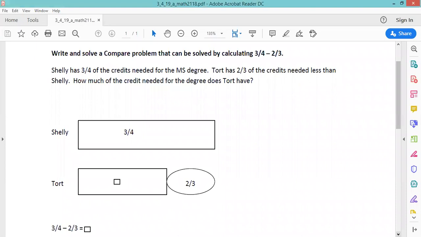The equation is then the large box minus the oval will give us the small box, or 3/4 minus 2/3 equals the missing quantity.